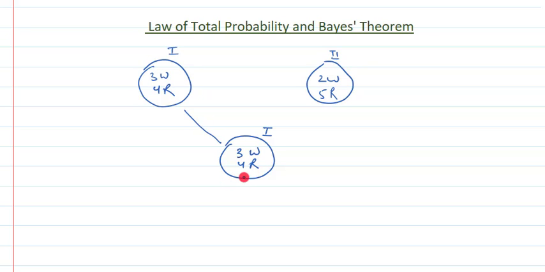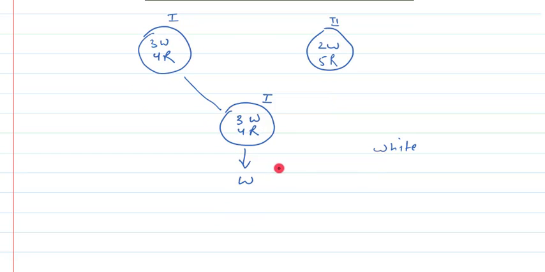Now the next step is we need to select a ball, let us say a white ball, from the selected bag, the bag which we selected in the first experiment. So let us draw a white ball. Now how will you find the probability of this white ball? Let us discuss it.